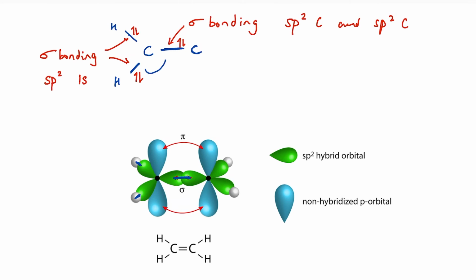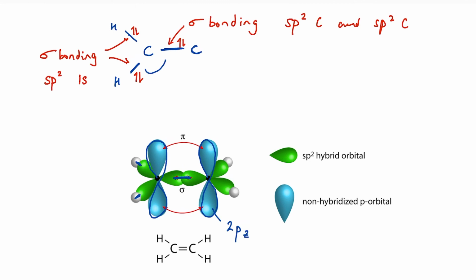Now remember that each carbon atom has also got a 2pz atomic orbital that was not part of the hybridisation. It didn't get involved. So these are my 2pz orbitals.